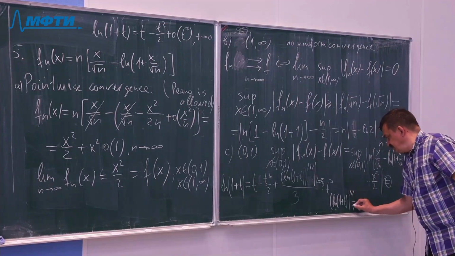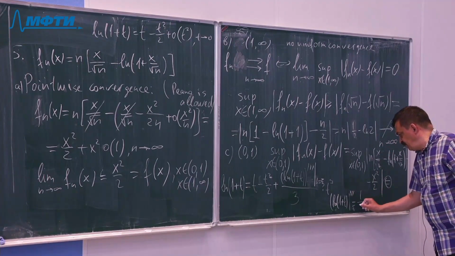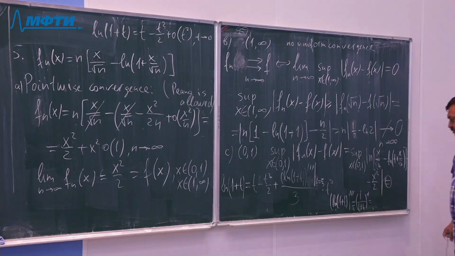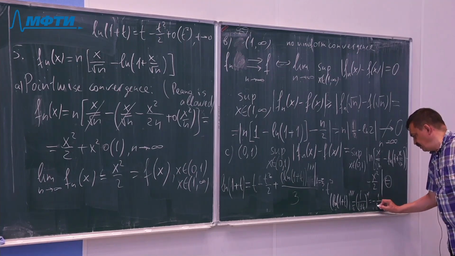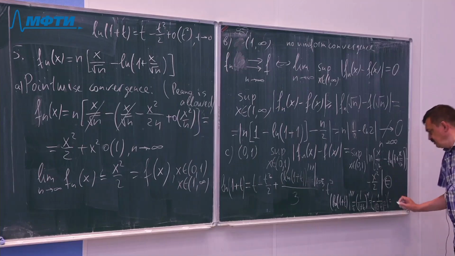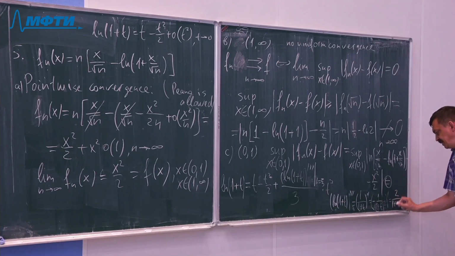That is the second derivative of 1 over 1 plus t. It means the first derivative of minus 1 over 1 plus t squared. And that is 2 over 1 plus t cubed. That is the third derivative, right?